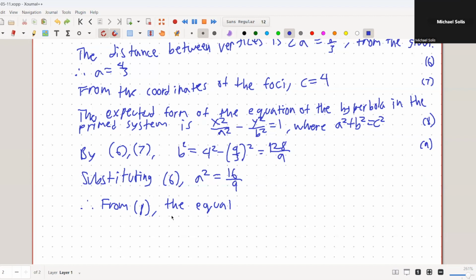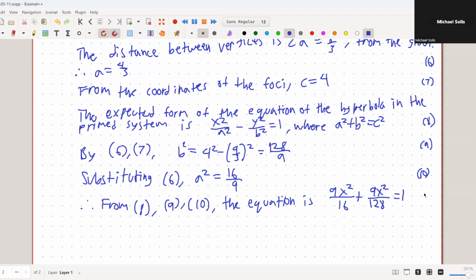Okay, so we used 8, 9 and equation 10 for a squared. So the equation is x squared over 128 and x squared over 16 is equal to 1. Okay, so that's in the prime system. So that should be the equation in the prime system.